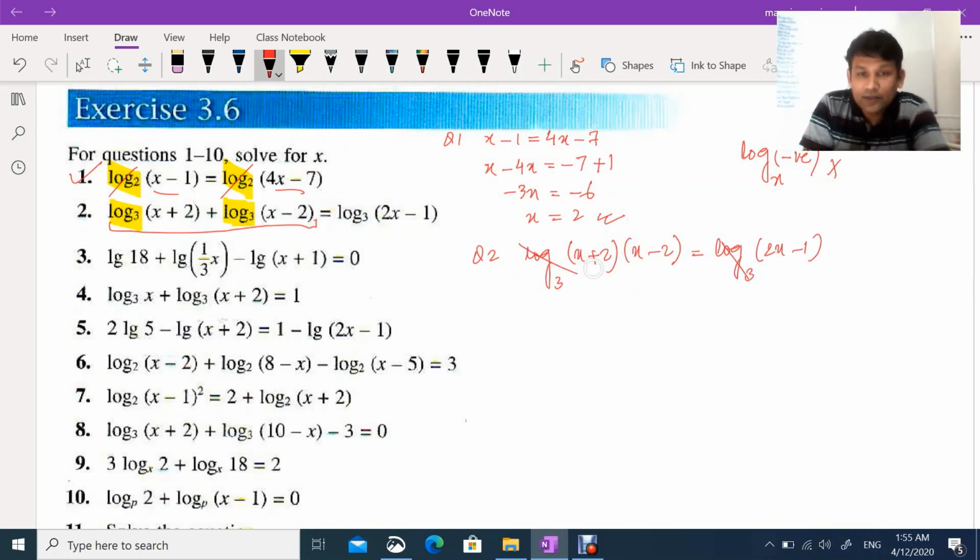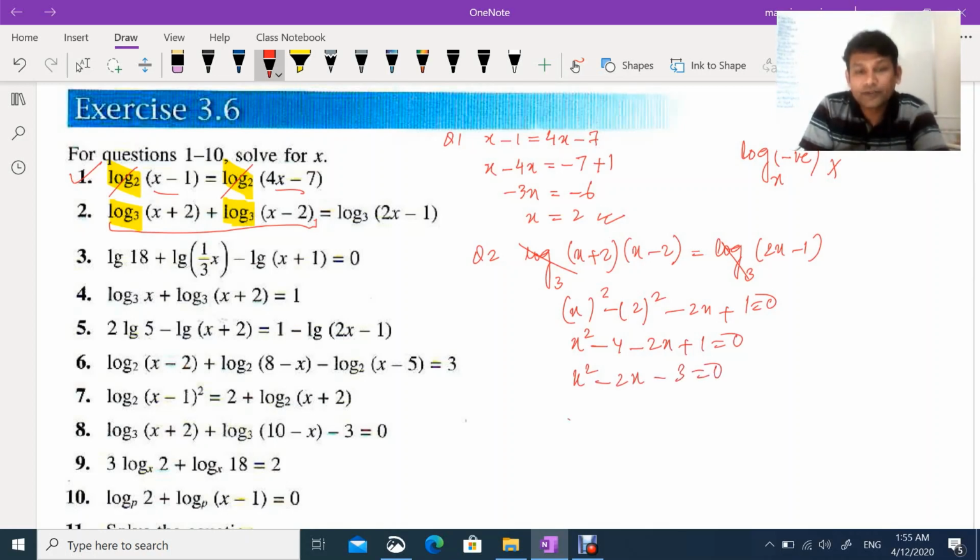So x plus 2 times x minus 2 is a difference of squares, so we can write x squared minus 2 squared, the formula, and minus 2x plus 1 equals 0. x squared minus 4 minus 2x plus 1 equals 0. x squared minus 2x minus 3 equals 0.